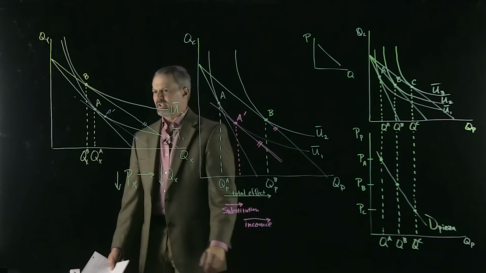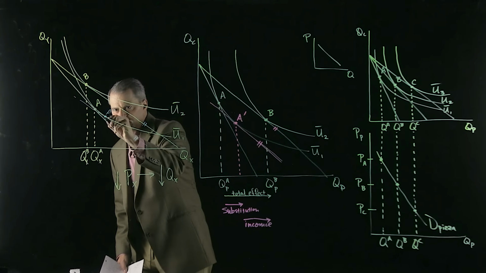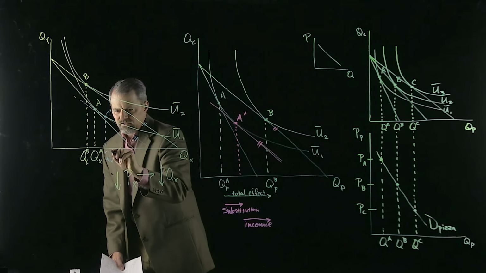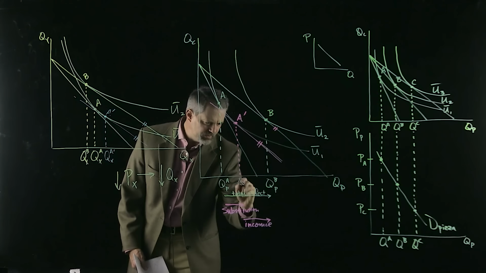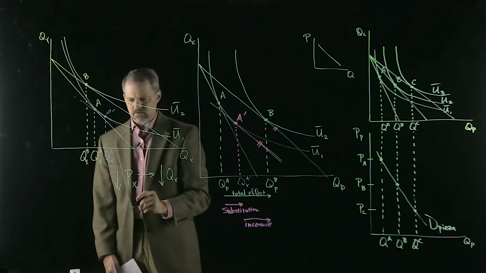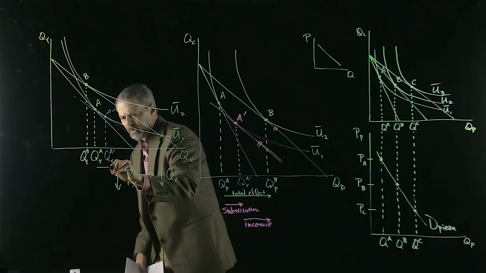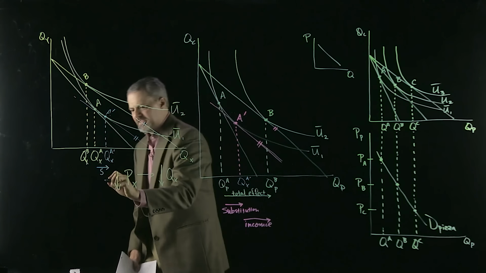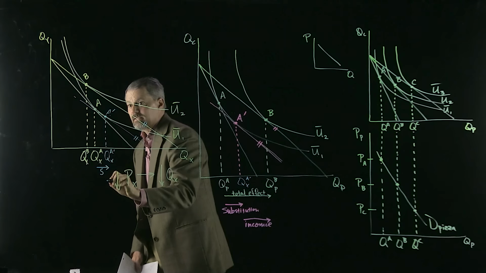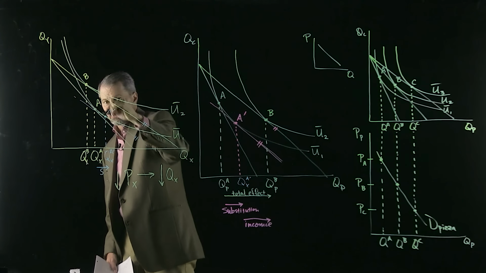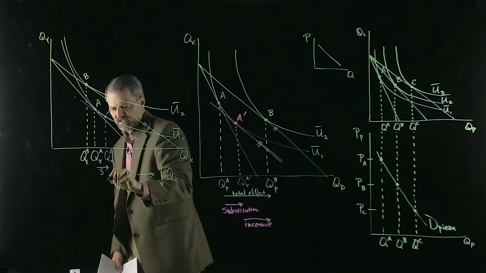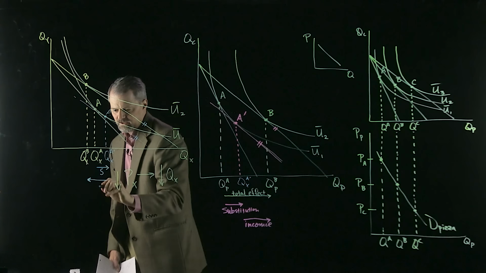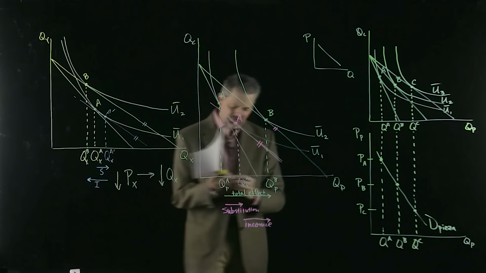So notice that my substitution effect, here is quantity x A prime. I didn't label it over here, but there's quantity x A prime in that picture. This movement is my substitution effect. I'm just going to call it S. And then this movement from right here to right there, that's my income effect. This is a very inferior good. There's my income effect.